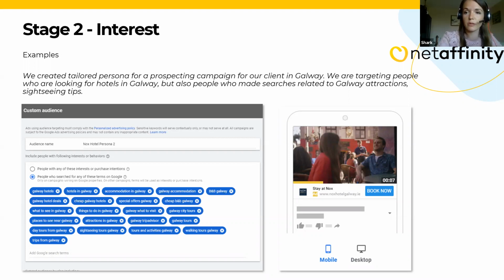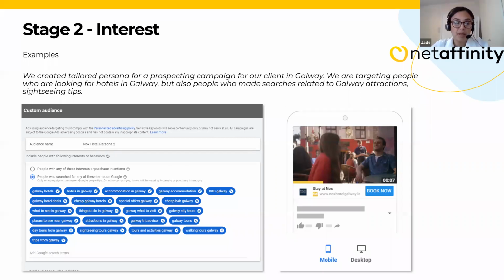We created a prospecting campaign targeting those people with our YouTube bumper ad. This approach helped our client a lot in increasing new traffic to their website, but also in terms of revenue.